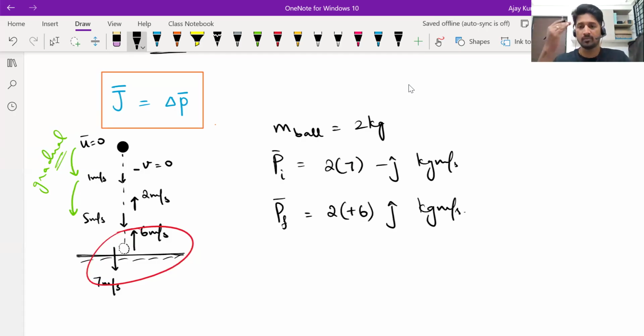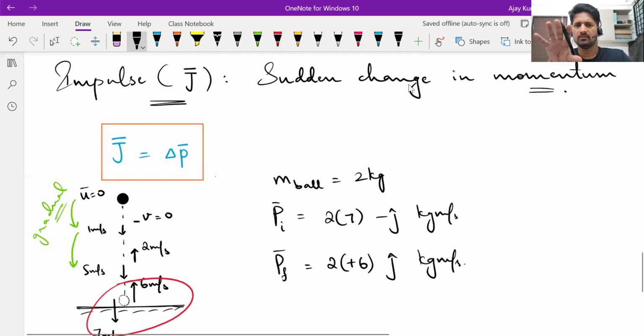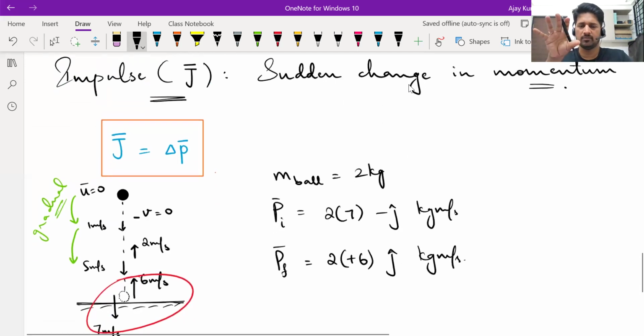So from minus 14, it is becoming plus 12 in a very, very short duration of time. Such sudden changes in momentum are called impulses. So usually when two objects collide, you can see an impulse there. You can see a sudden change in momentum there.